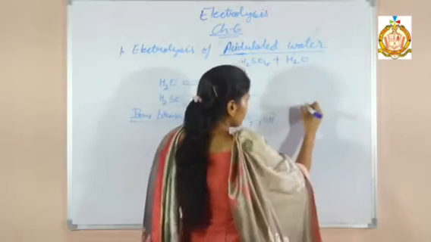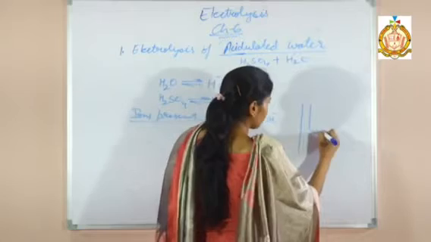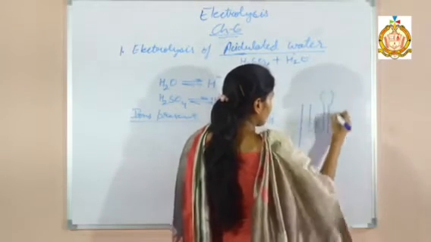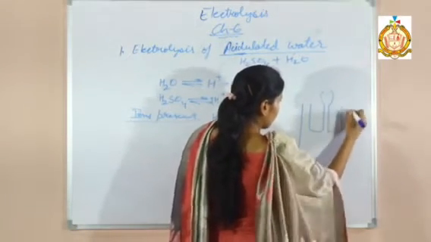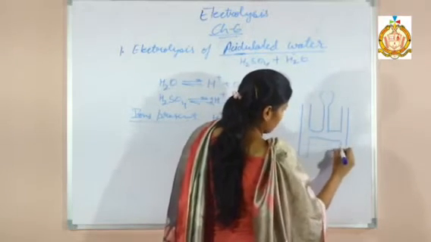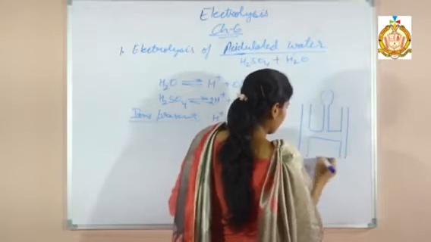And here is the setup of electrolysis of water. This is an H-shaped tube, and there is a thistle funnel inside. And here are electrodes at the bottom.